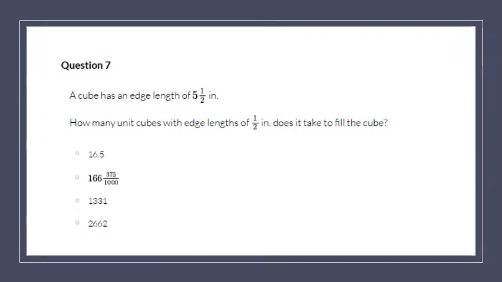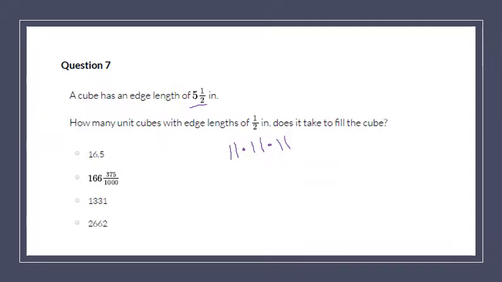Okay, the cube has an edge length of 5.5. How many unit cubes with edge lengths of 1/2 does it take to fill the cube? So, in 5.5, I have to have 11 cubes to fill each side. Remember, the cube is each side length times itself 3 times.